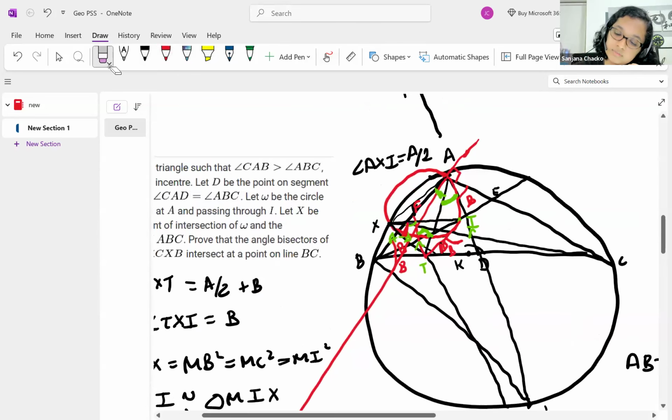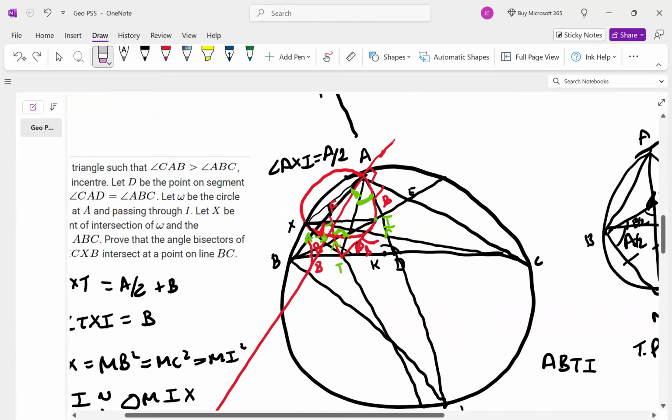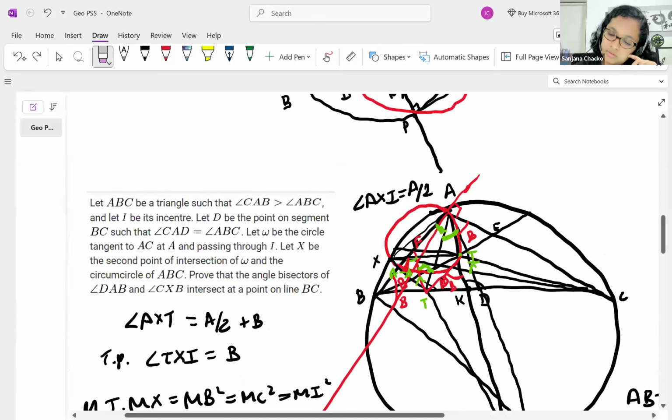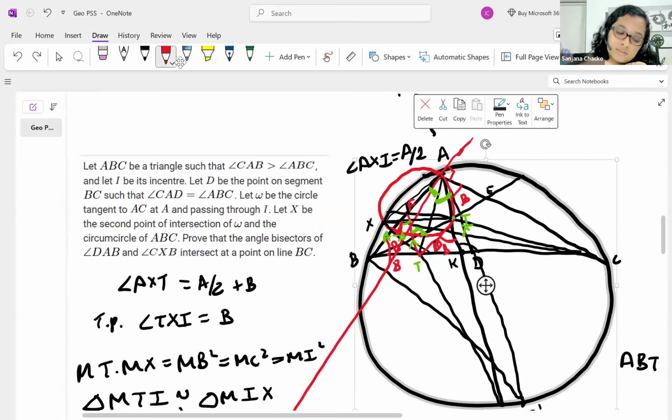Yes. So then we can say that AIT is twice AIF, I think, right? AIT is twice AIF. Yes, correct. And AIF is 180 minus AIC, so we can find AIF and therefore AIT, right? Yeah, so we're done.